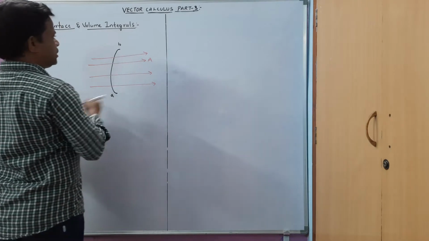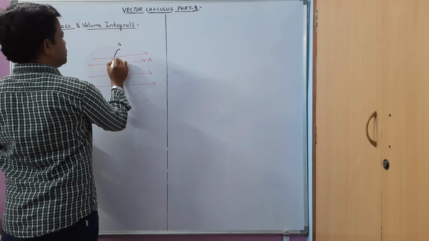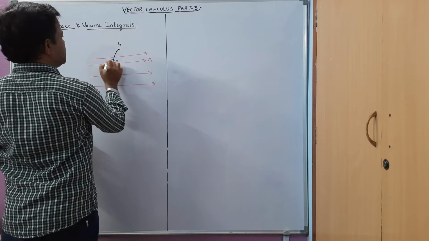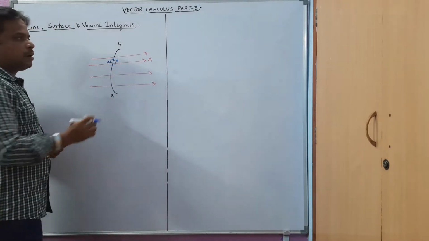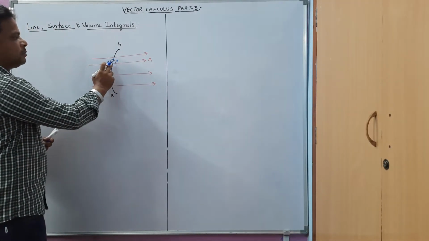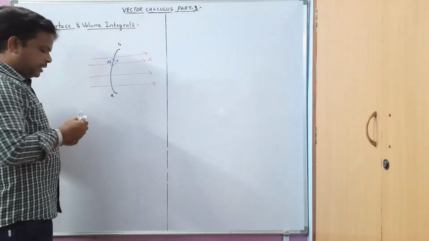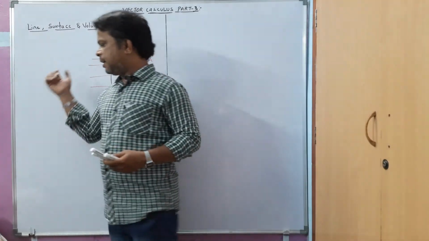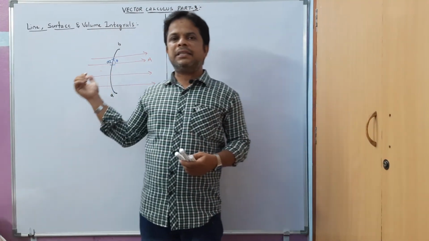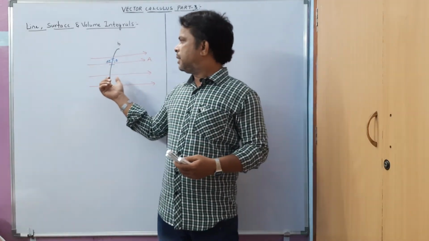This vector field makes an angle theta with respect to this small element dl of the line. Now we can define the line integral.